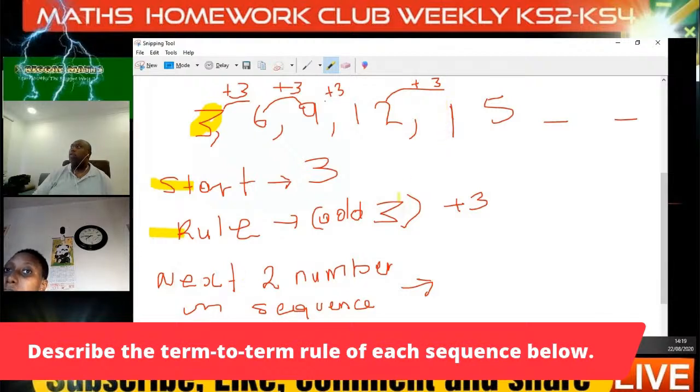Now that you know that the rule is add 3, how can I answer the next 2 questions? What are the next 2 numbers in the sequence? 18. Well done. So that's going to be 18, right? Add 3 again, 21. Beautiful.